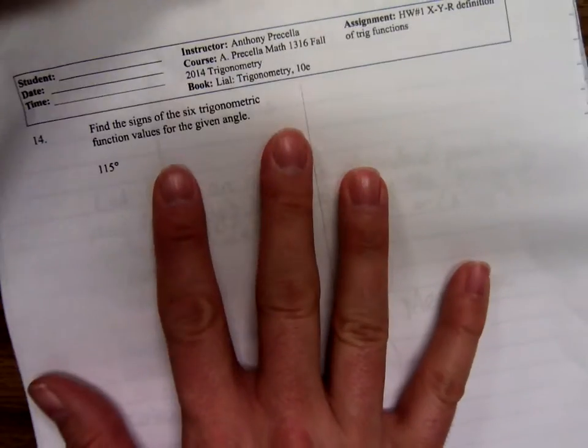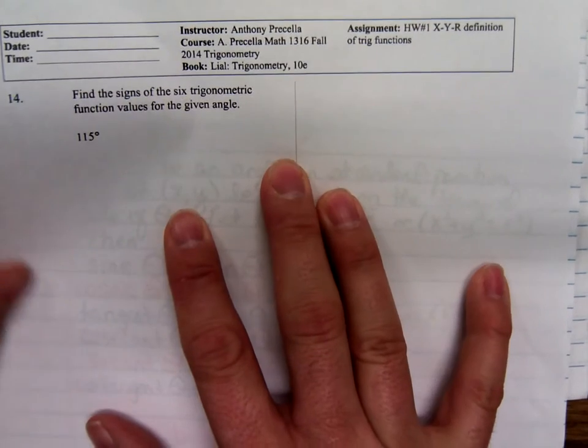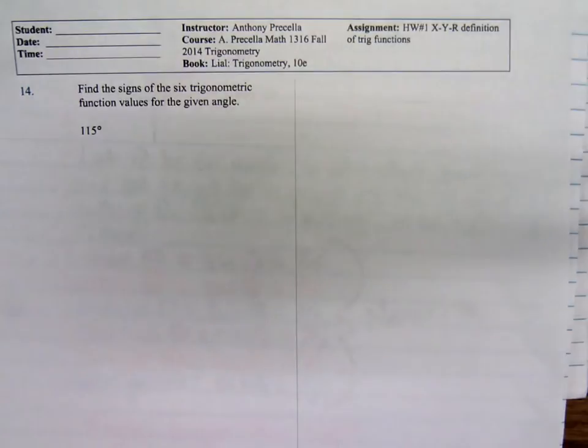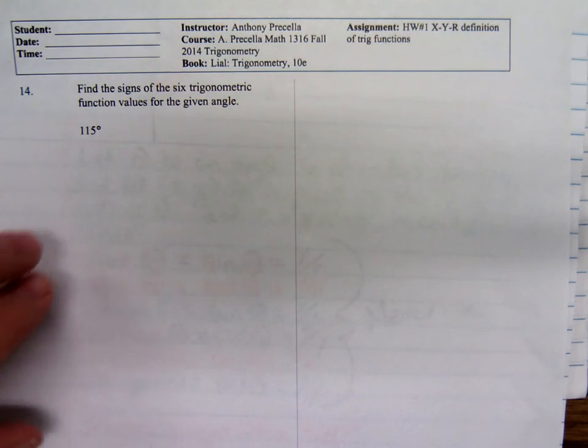This is the first time I've said it this semester. SIGN sign, not SIN sign. But, oh, what's happened? Lights have gone off. Maybe it's trying to say I need to get out of here. It says find the signs of the 6 trig functions of 115 degrees.